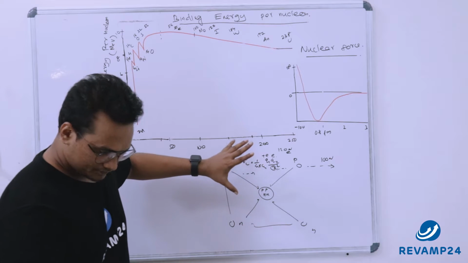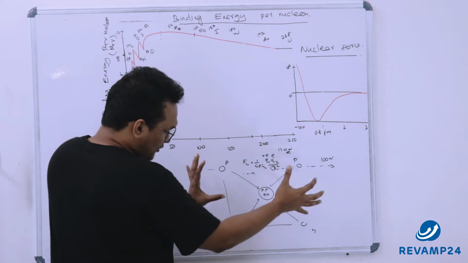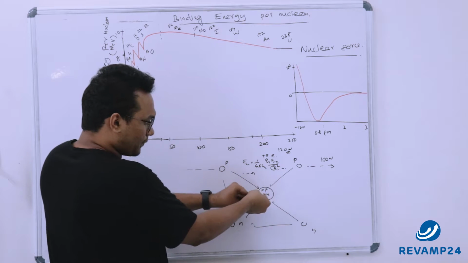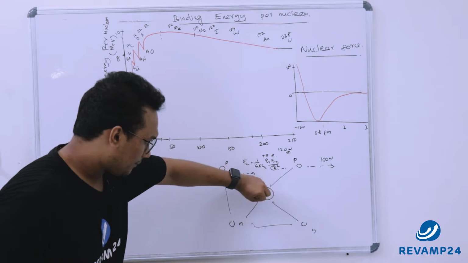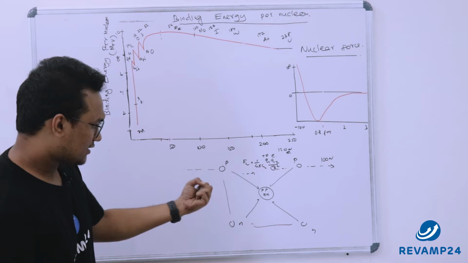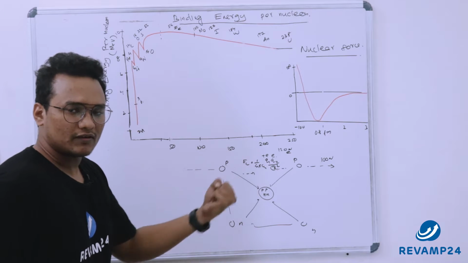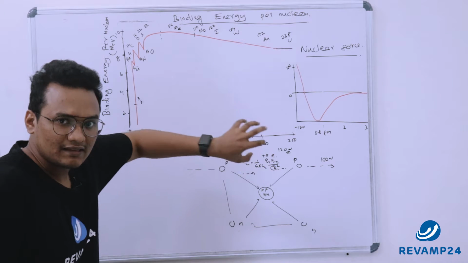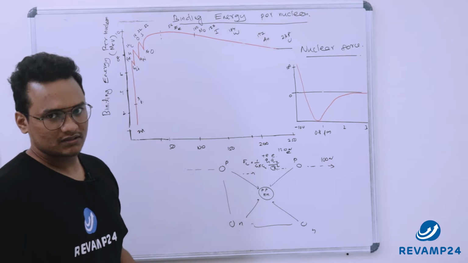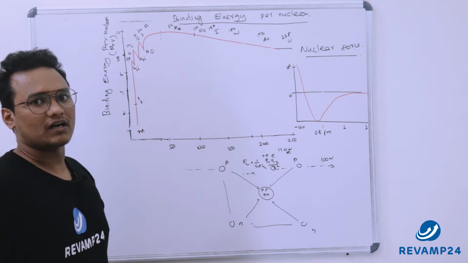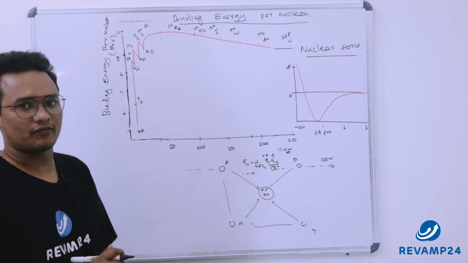Now assume that Z protons and A minus Z neutrons have combined to form a nucleus, and this nucleus now has binding energy. This binding energy is due to the strongest force present inside the nucleus, and this is called nuclear force.